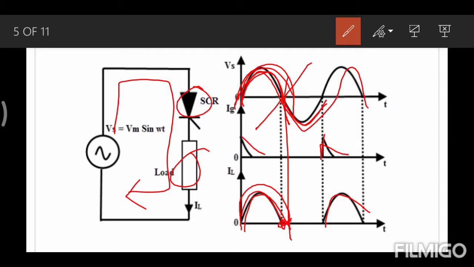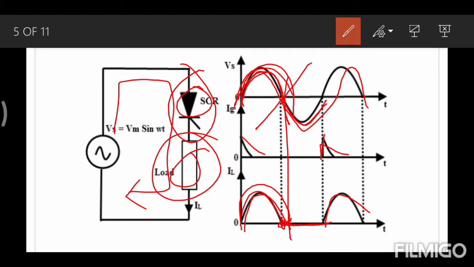That means the SCR is subjected to reverse voltage. Once this reverse voltage is applied, the SCR turns off. When the SCR is turned off, there is no current flowing through the load, so the current comes to zero.